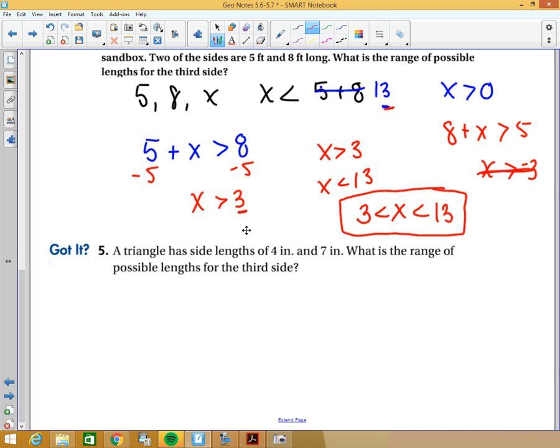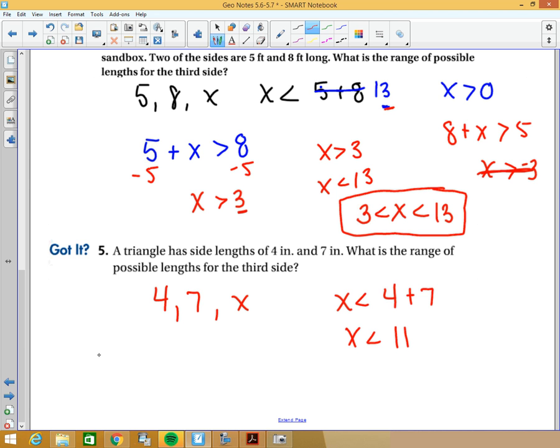Let's try one more and then we'll pause for some practice. We have 4 and 7 for our given lengths and x for our third side. The first thing I know is that x has to be less than 4 plus 7, so x has to be less than 11.